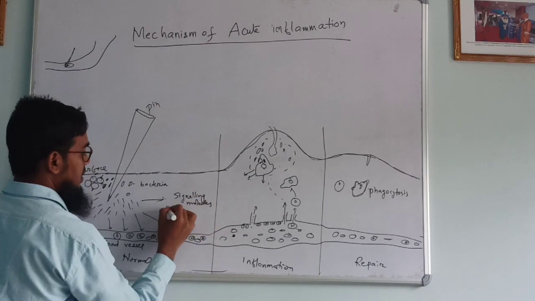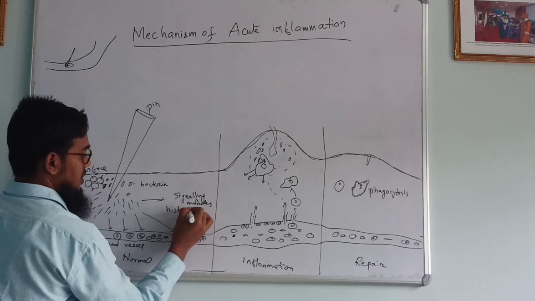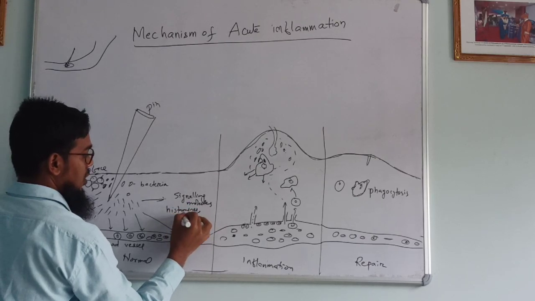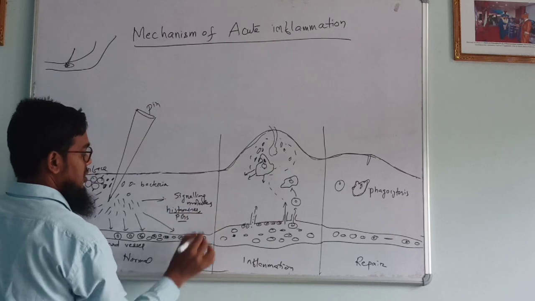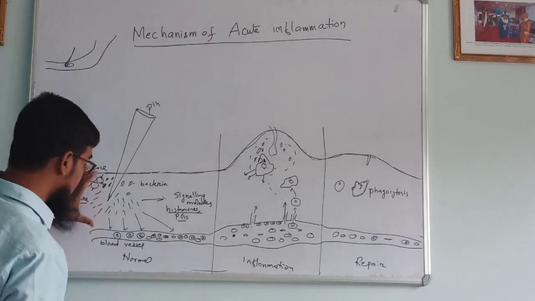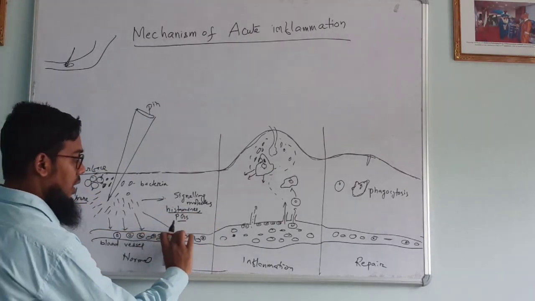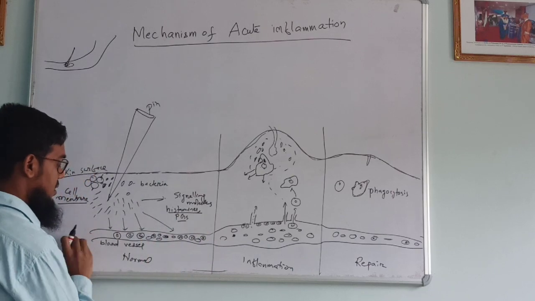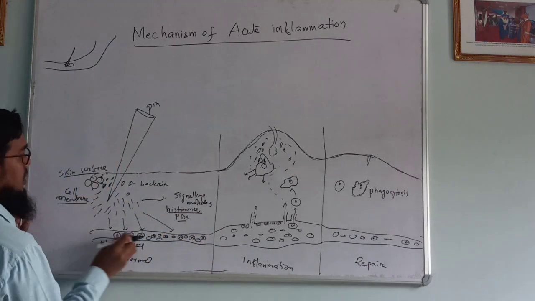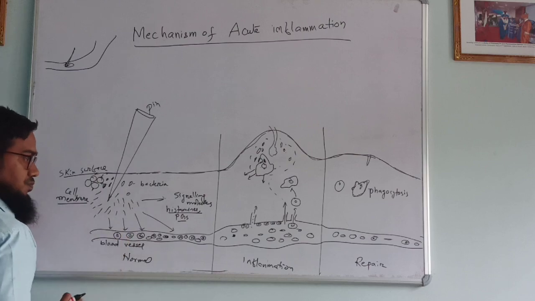Mainly these are histamines and prostaglandins. And this is our blood vessel, which is supplying blood to this tissue.